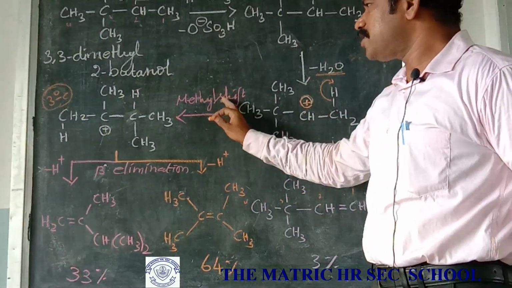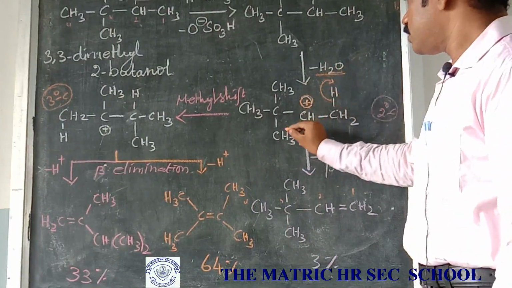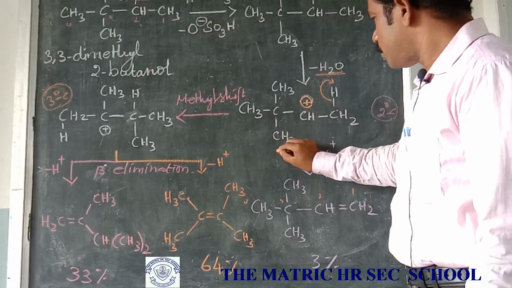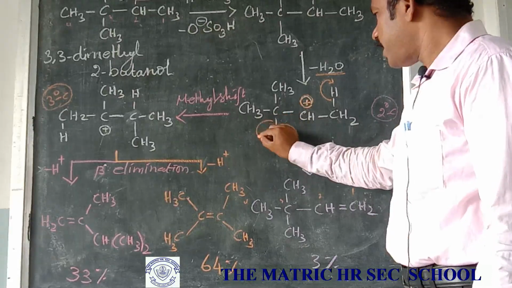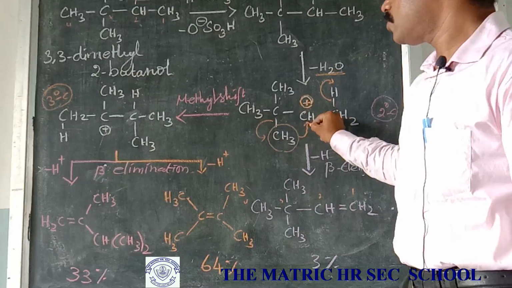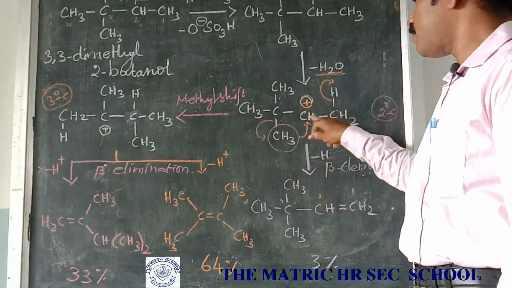That is the methyl shift. What is this methyl shift? At this position the hydrogen is removed. This methyl group accepts the electron and substitutes this carbon. So the methyl group shifted to the second carbon. First carbon, second carbon.